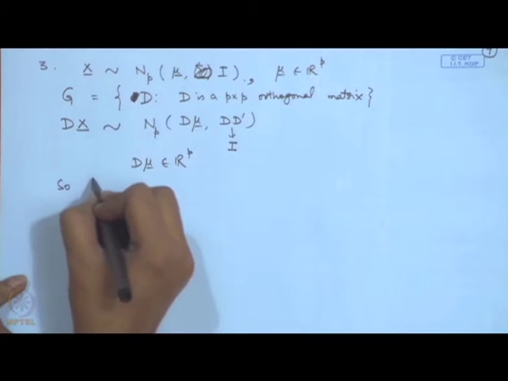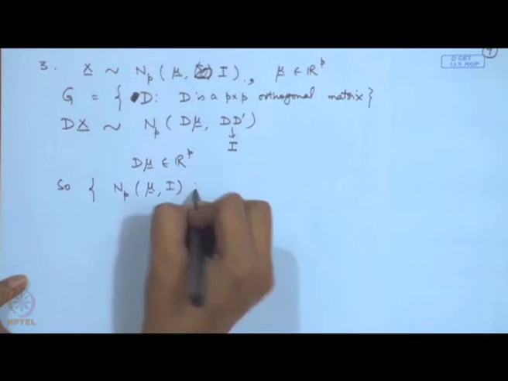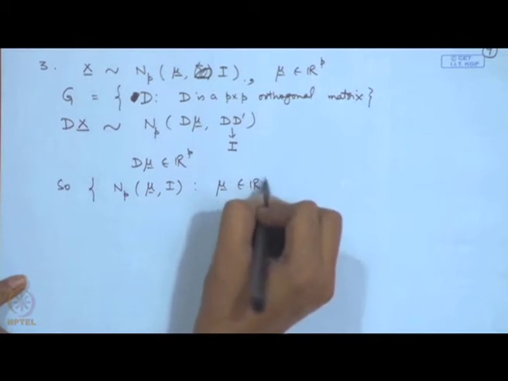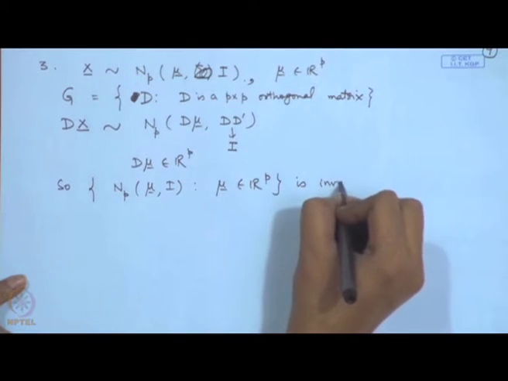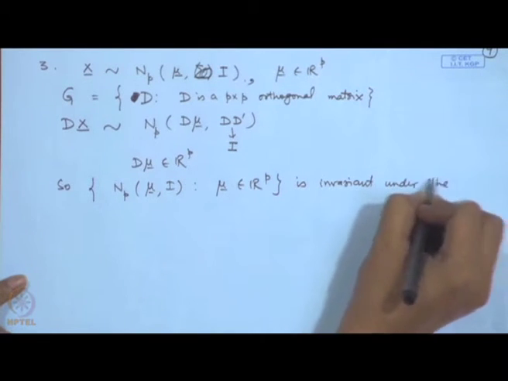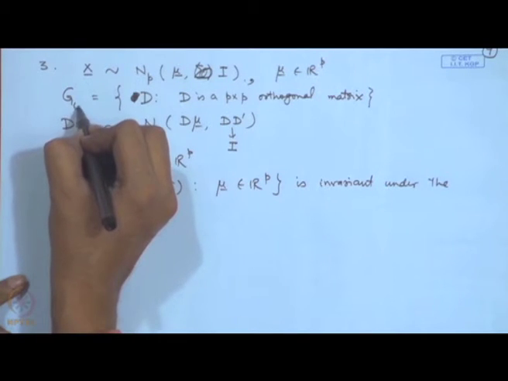So, this family of distributions N_p(mu, I), where mu belongs to R^p, is invariant under the group of orthogonal transformations. Let me put G_O.